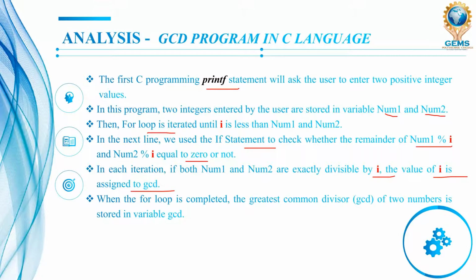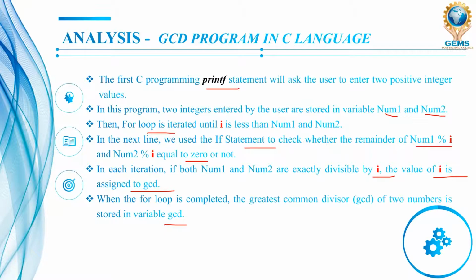The last point says here, when the for loop is completed, the greatest common divisor of the two numbers is stored in the GCD. So when the for loop is completed, that means all the iterations are done by the for loop, then the greatest common divisor of the two numbers is finally stored in the GCD.